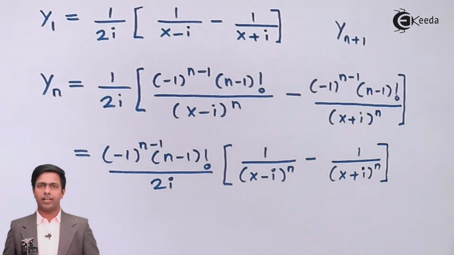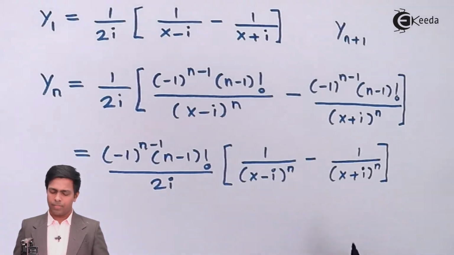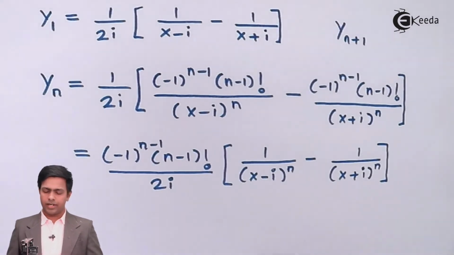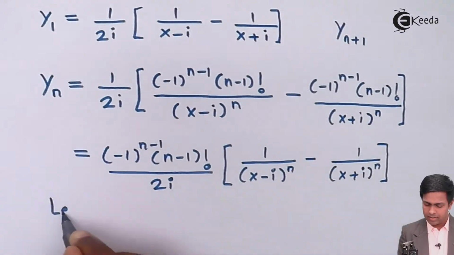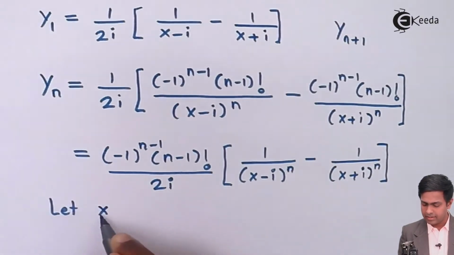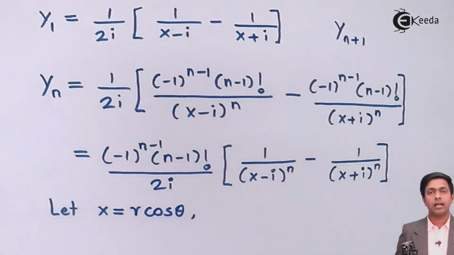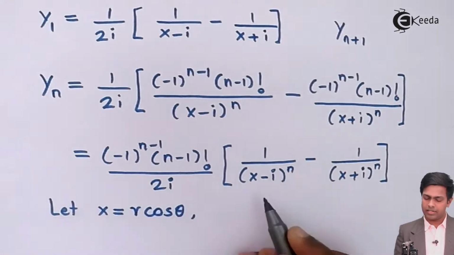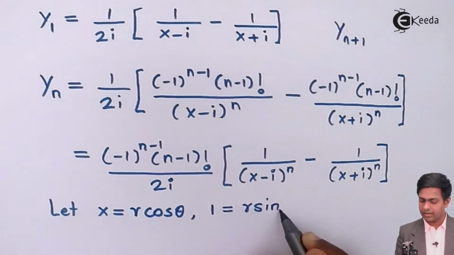So I will convert these complex terms to the polar form. So for that we have to assume the real part and the imaginary part. So here I'll say let this real part x is equal to r cos theta, and this imaginary part here, it is 1, is equal to r sin theta.